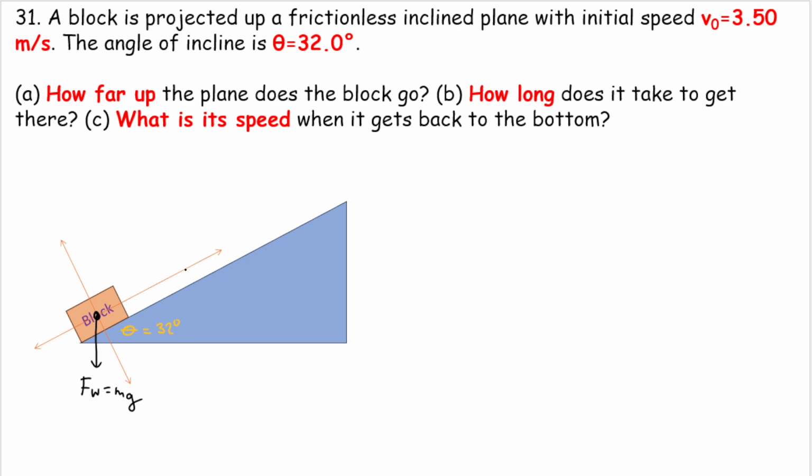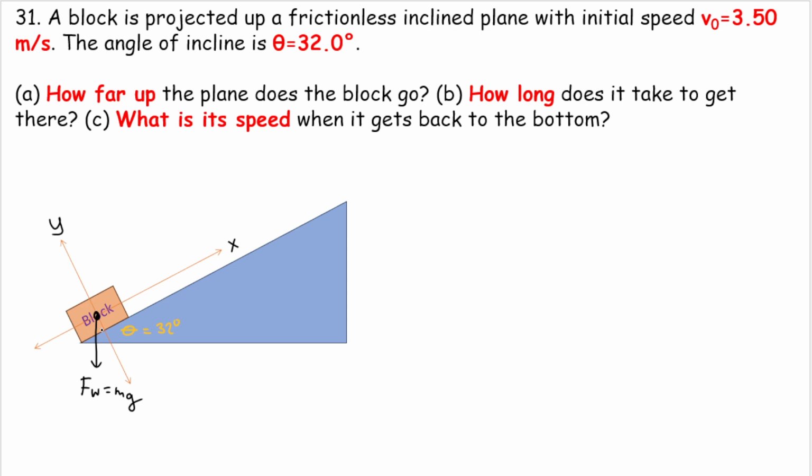However, I want to use the direction parallel to the plane as the x-axis, and the one perpendicular to the plane as the y-axis. So I will use this coordinate system. We need to project this Fw onto the x and y axes.